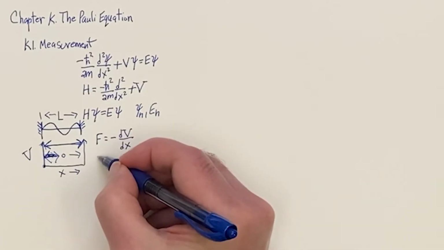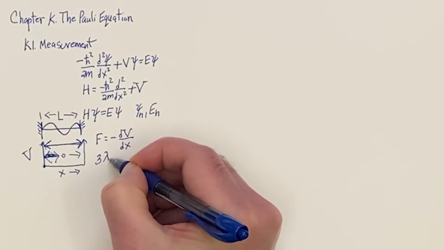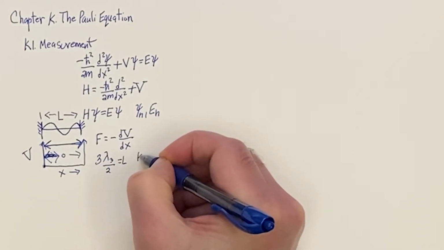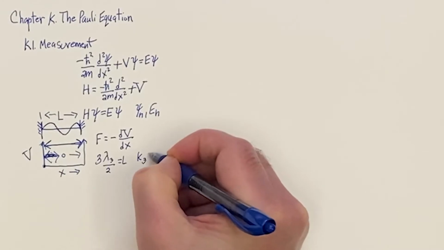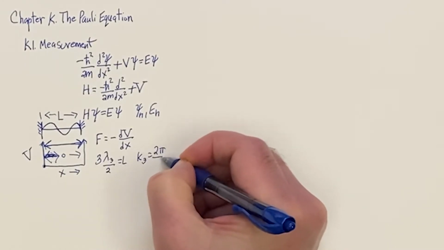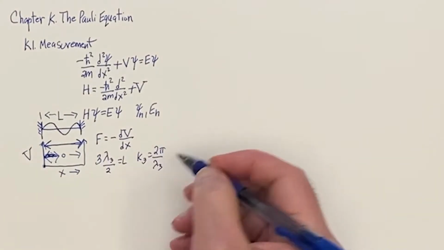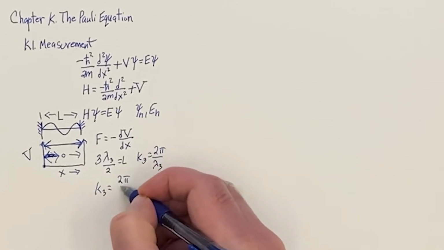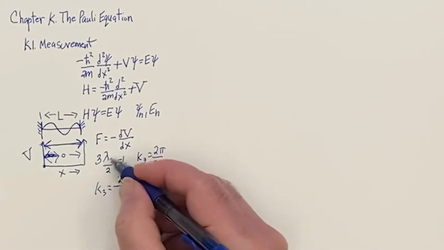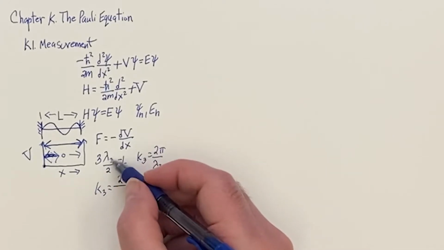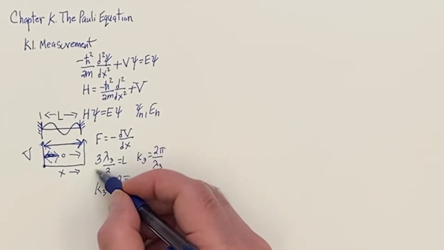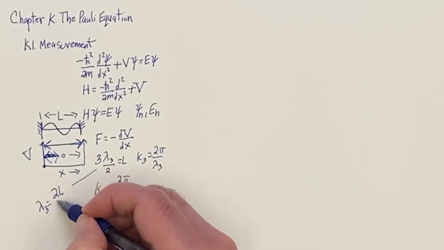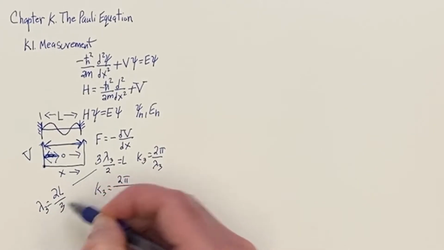Here, this third case, 3 halfway lengths for the third case equals L. And remember, K is 2 pi over lambda. So K3 would be 2 pi over lambda 3. Lambda 3 is going to be 2L over 3.